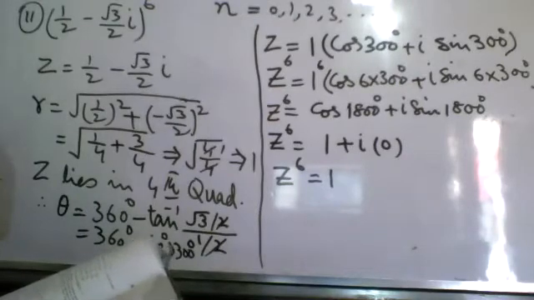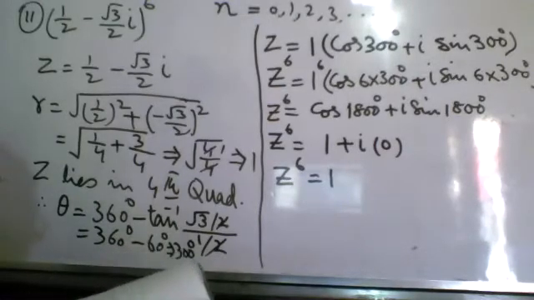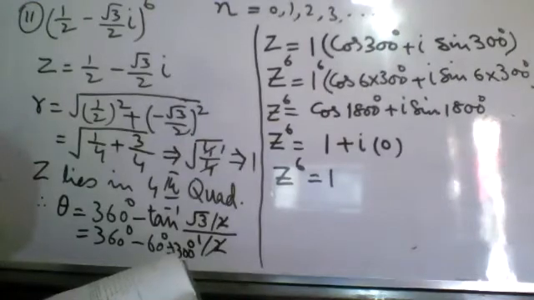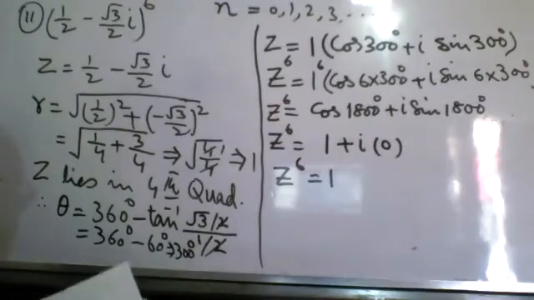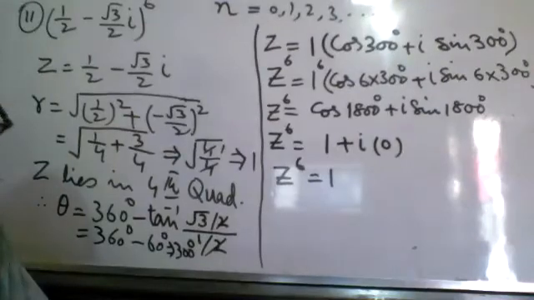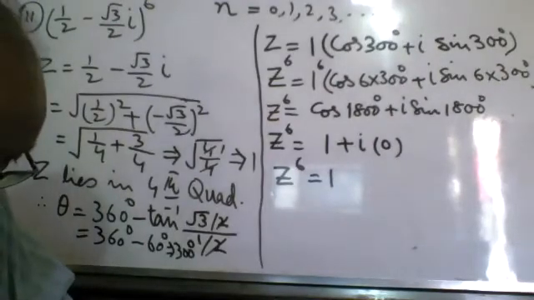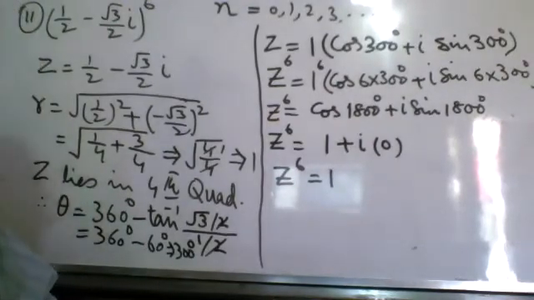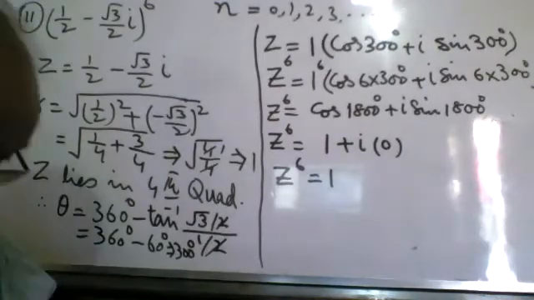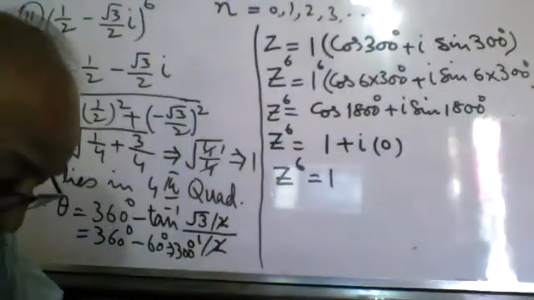Questions 13 to 16. Use a calculator to find the indicated power. So (1 + 2i) raised to power 4. If your calculator has the arrangement to find the power of a complex number, you can do questions 13 to 16.